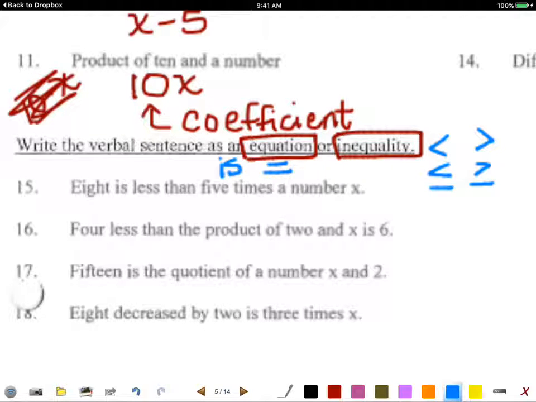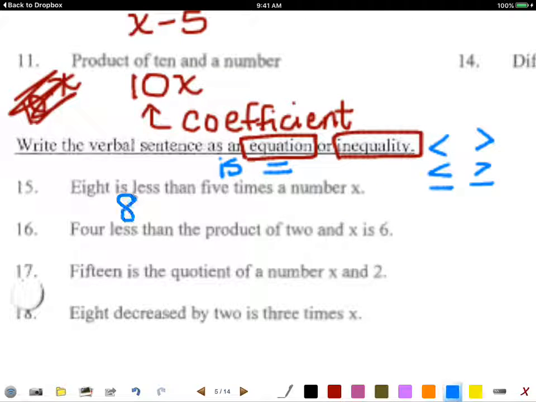8 is less than 5 times a number x. 8 is less than 5 times the number x. Rhea? 5x minus 8. If it said, or not is, if it just said less than, it needs to have a less than sign.